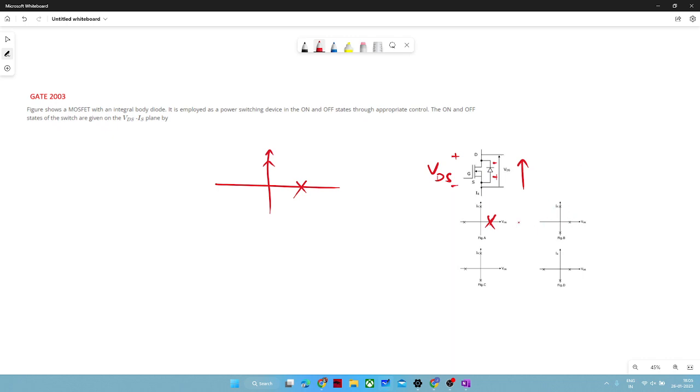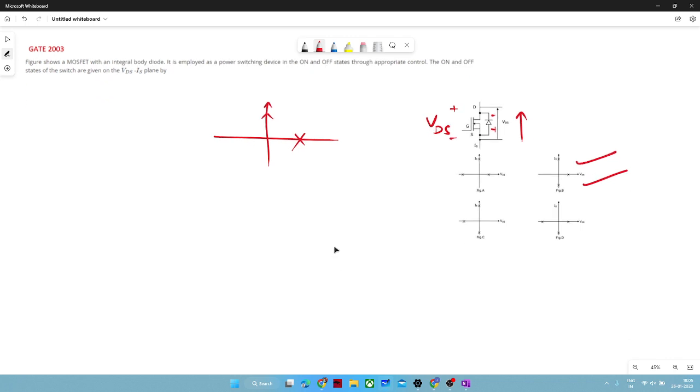So only figure C and figure B satisfy the condition that it is bidirectional, and for the other characteristic, it has to block the positive voltage, right? So only figure B is satisfying that condition, so we can pick this option, and this would be the correct option. I hope this problem would be fine.